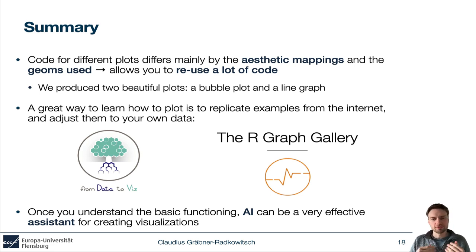But you can only do that if you really understand the underlying logic of ggplot, with the different layers and the creation of the plot. So once you feel comfortable, I think using AI in this context can be very effective. It allows you to create nice plots much more quickly. But you really need this understanding of the underlying logic in order to work well with the code provided by the AI and to write good prompts in the first place.